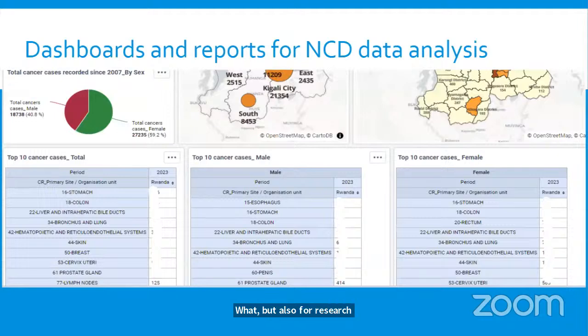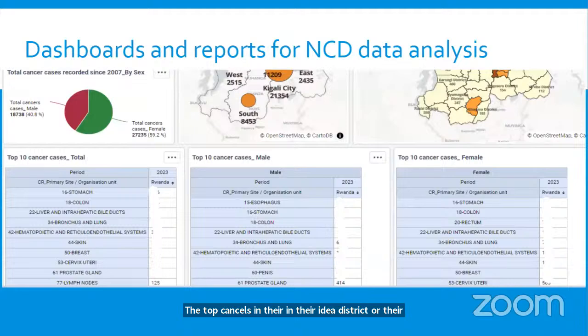These are examples of dashboards which are produced within DHIS2. For example, here we can see the top 10 cancer cases by country, and each user of this application can see the top cancers in their district or their facility by period.